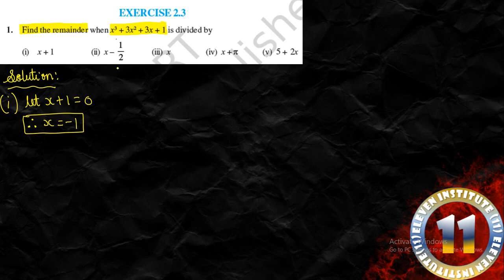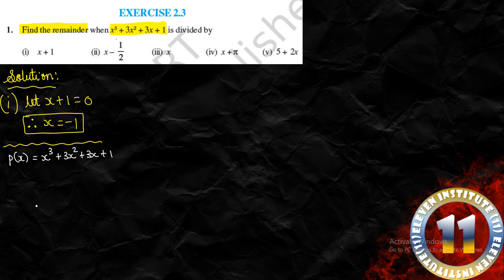Now what we have to do is we have to put this x is equal to minus 1 in this polynomial. So let us do that. Let us write the polynomial over here. Px is equal to x cube plus 3x square plus 3x plus 1.